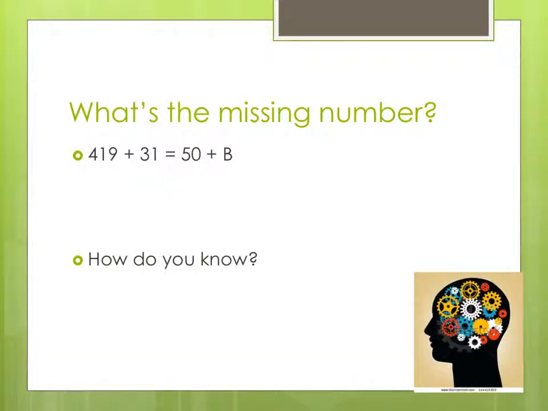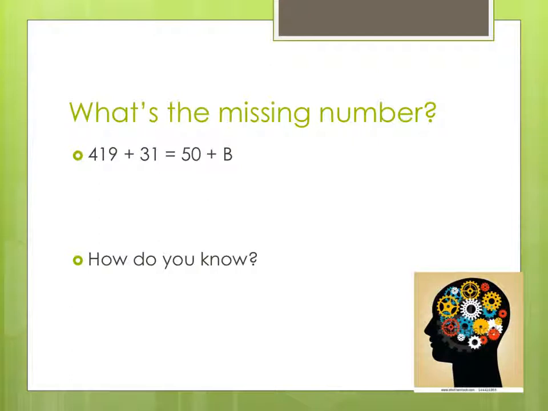Take a look at this missing number problem. 419 plus 31 equals 50 plus b. It's harder for me to compare the place value on this number, so I may have to compare the increase in the numbers like I did with my first problems.